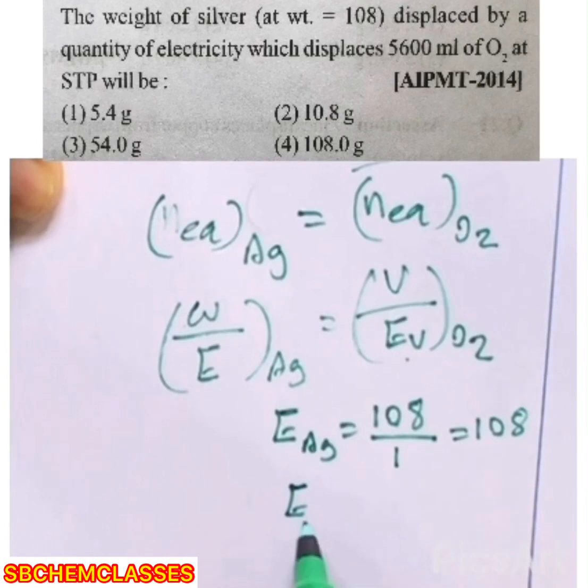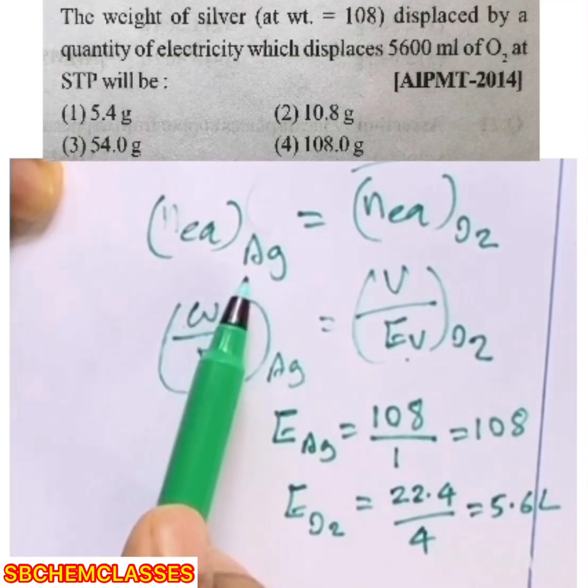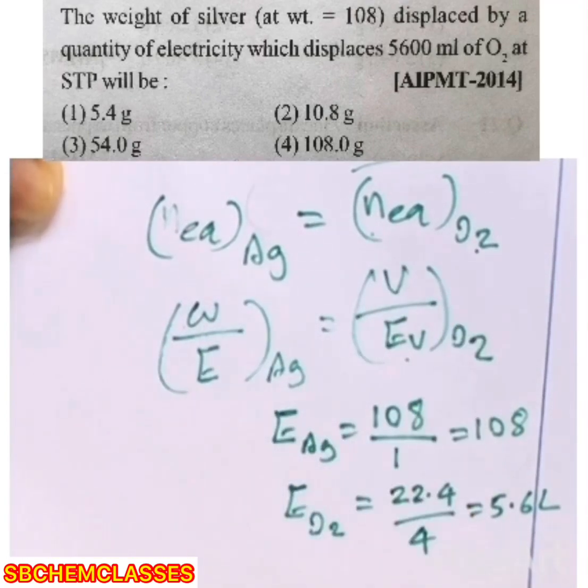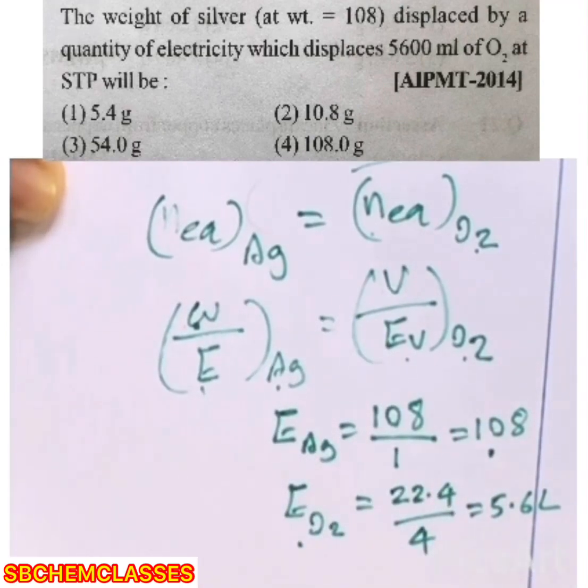Equivalent volume of O2 is its molar volume 22.4 liter by its valency 4, because in O2 there are 2 oxygen atoms, so it is 5.6 liter. So number of equivalents of Ag equals number of equivalents of O2. We know the equivalent mass of Ag, the volume of O2 is given, and we know the equivalent volume of O2. So by substituting, we can determine the mass of Ag formed.